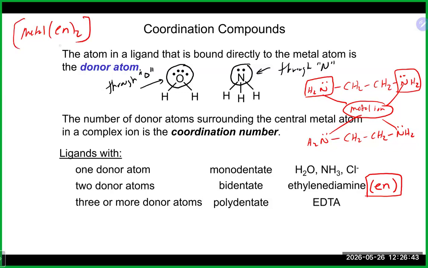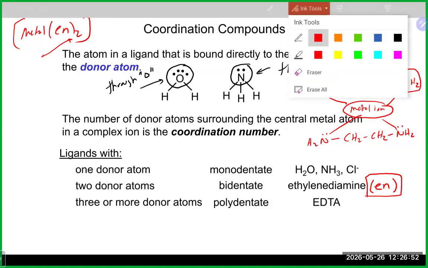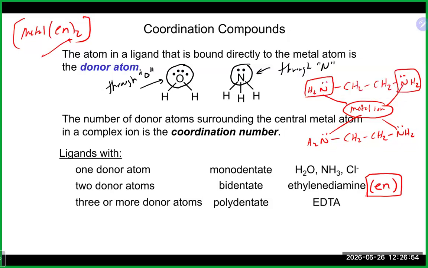You may look at it and go, oh, I think the coordination number should be 2 because the little subscript there says 2. And it would be incorrect in this case because this is not monodentate, but bidentate. We actually get 1, 2, 3, and 4 nitrogens that are directly attached to that metal ion. And that would make the coordination number here 4 in this case.